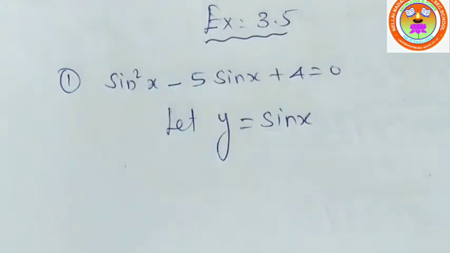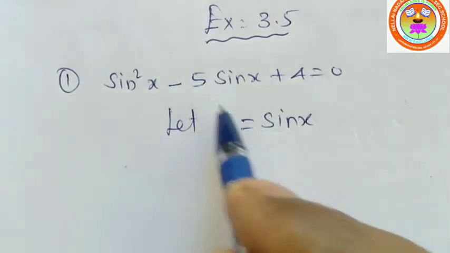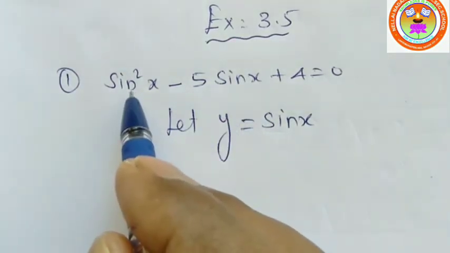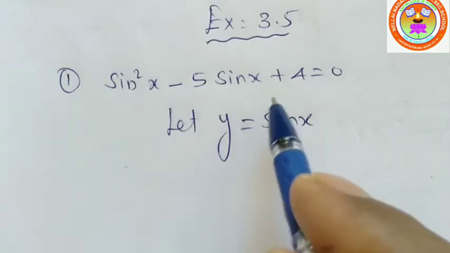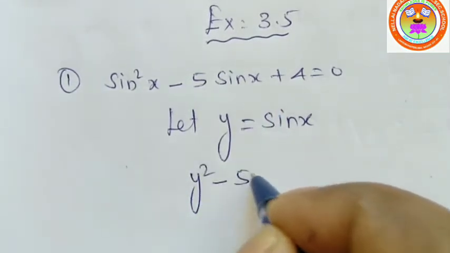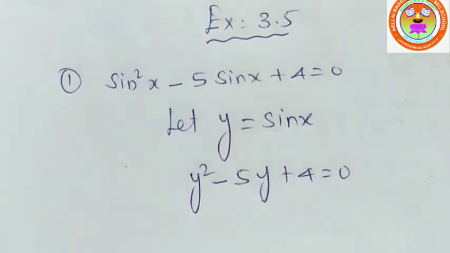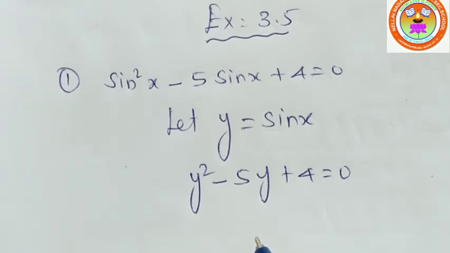If we take y is equal to sin x, then sin square x means y square, right? So the given equation becomes y square minus 5y plus 4 is equal to 0. This is a quadratic equation, so we can solve this by the factorization method.